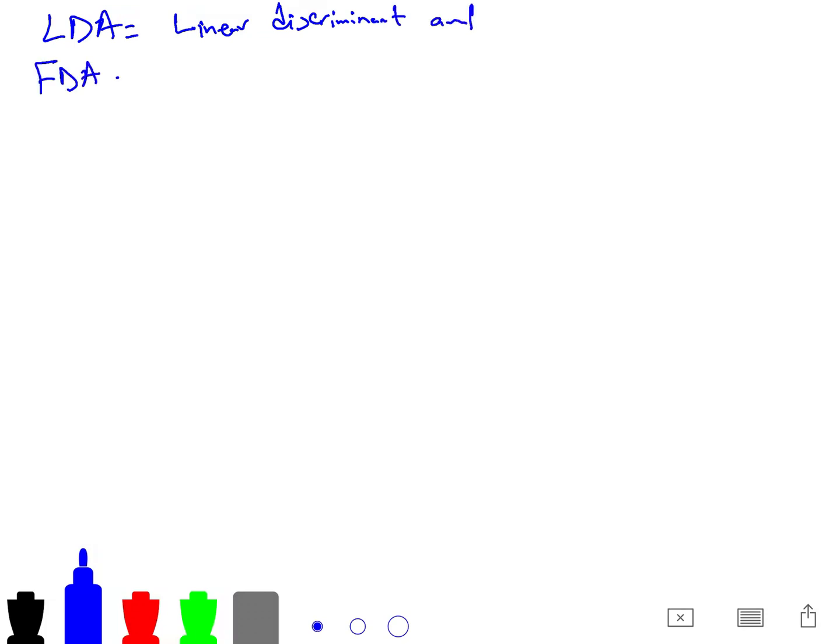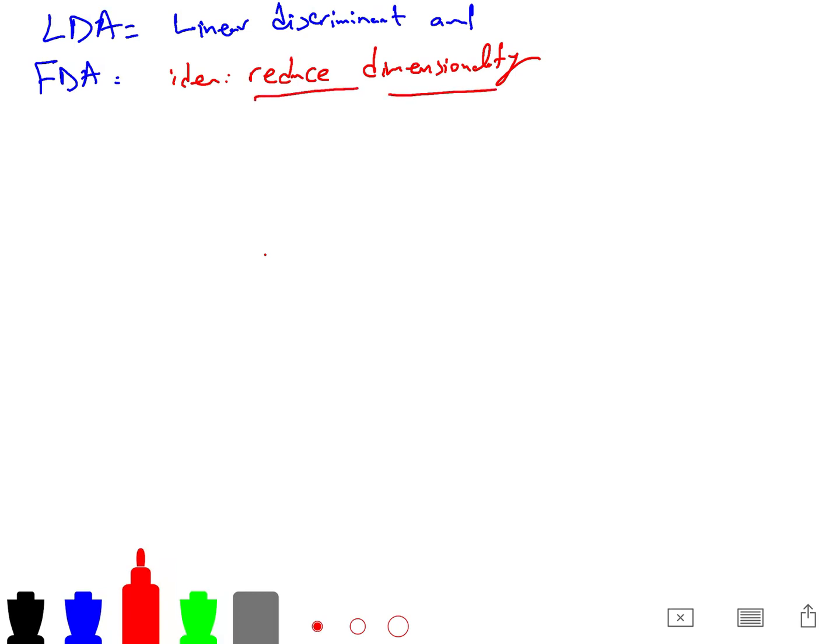The idea of Fisher, the great statistician, was that we want to reduce dimensionality, just like PCA, but here with a different objective. We want to reduce dimensionality to one dimension.